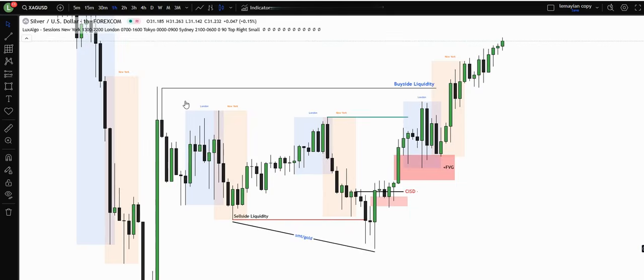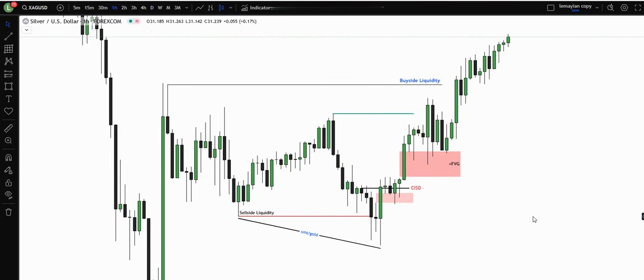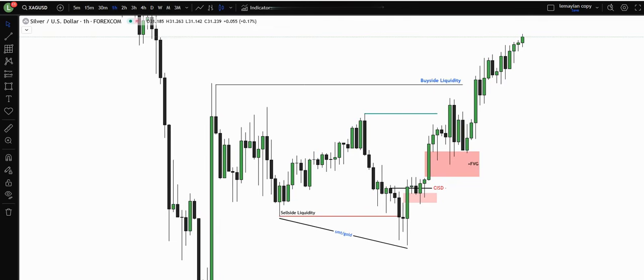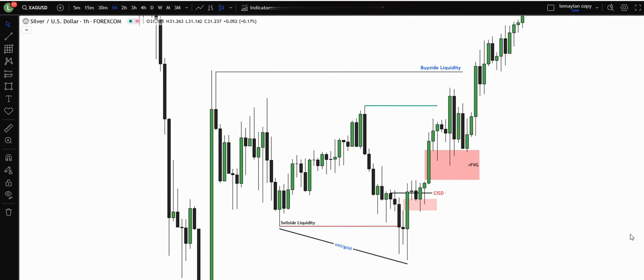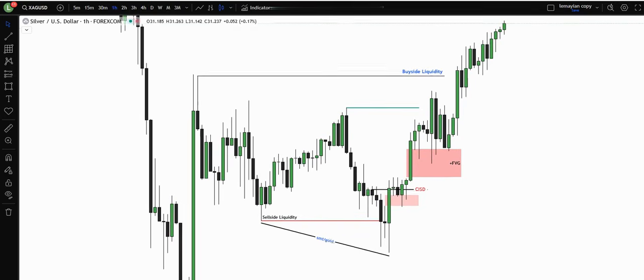And as easy as that, that is how I managed to book some really nice profits using a simple model, simple strategy, all the time. And I keep repeating, I don't have to bring new things into my model. I only refine and find things that work for me, and all the time ensure kill zones are at your fingertips.